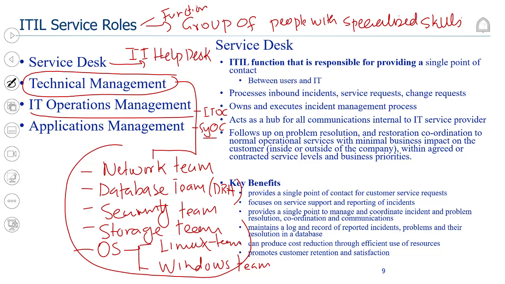This is for critical systems, systems which, for example, cannot go down even for a single minute, like your payment gateways and your ATMs. Those are very critical systems. So they would have these teams called the IT operations management team, but they always call them ITOC.